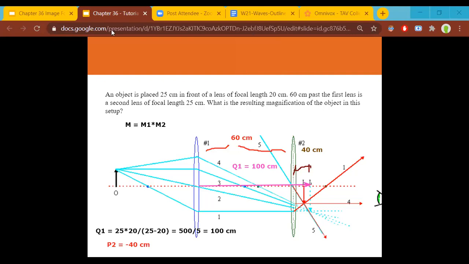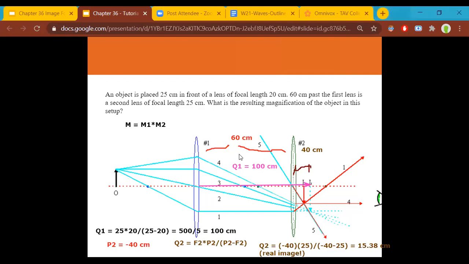So we go ahead and calculate where the second and final image is formed. Again, a similar formula where we have F2 times P2 divided by P2 minus F2. What that gets us is about 15.38 centimeters.